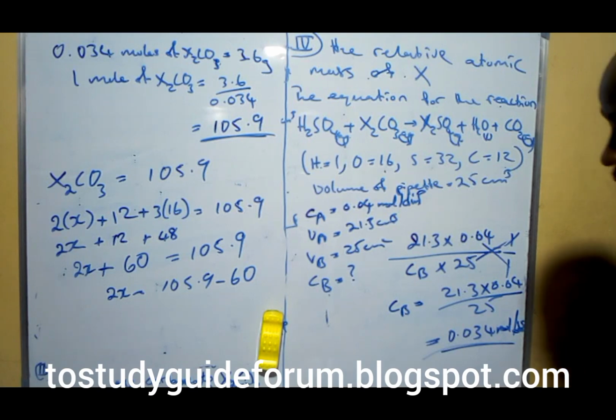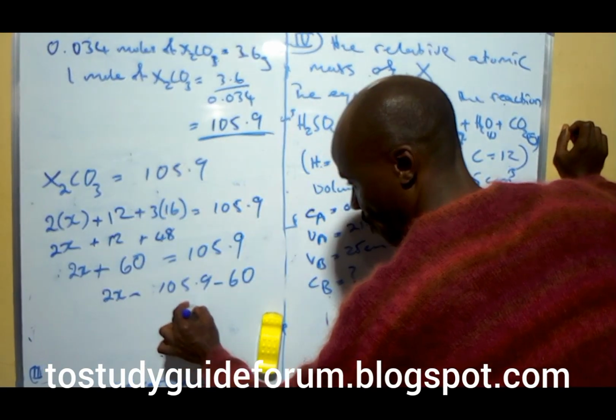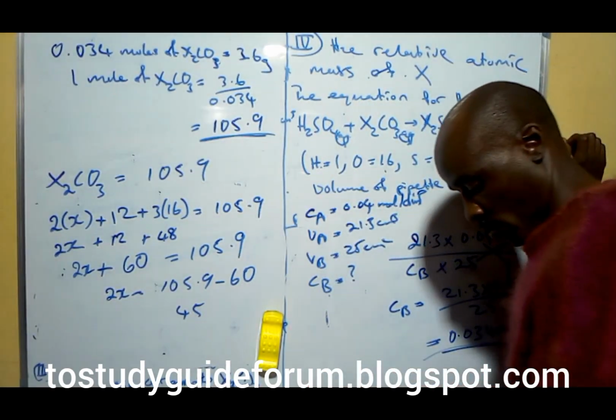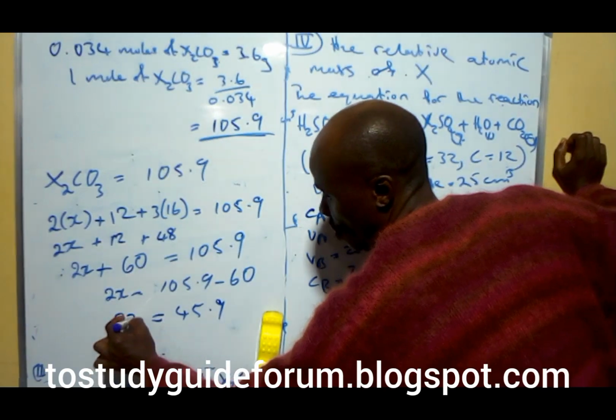When we subtract, we have 45.9 equal to 2X.